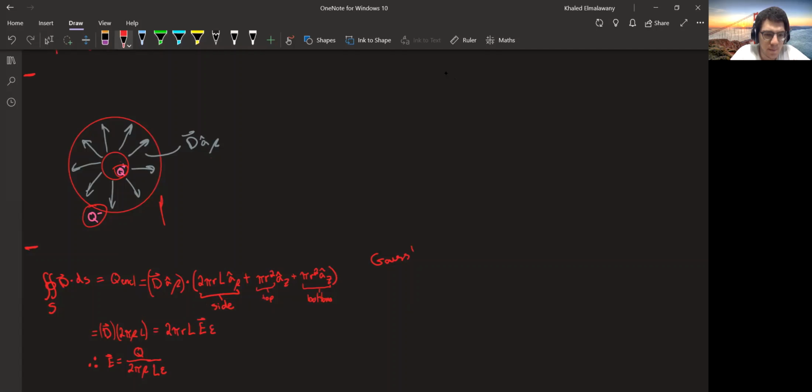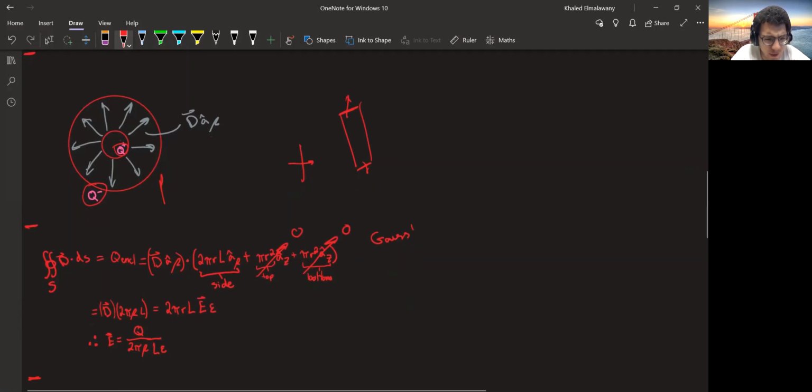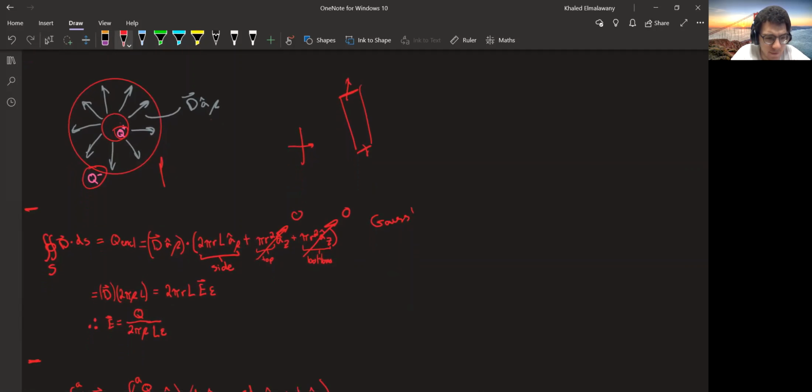But if we just do a quick mental check, we can note that because the electric flux is radially outwards, it will only be 90 degrees orthogonal to the sides, and it will not pass through the top or bottom of the cylinder. So that is clearly seen that these will be 0. As such, after manipulation, you can find that the electric field is equal to that formula here.